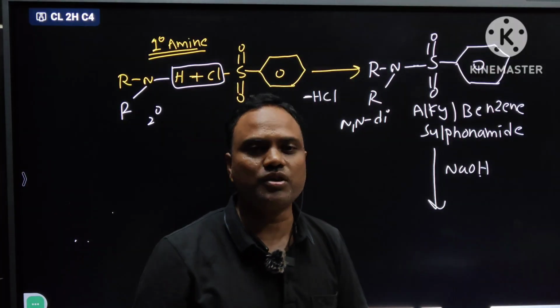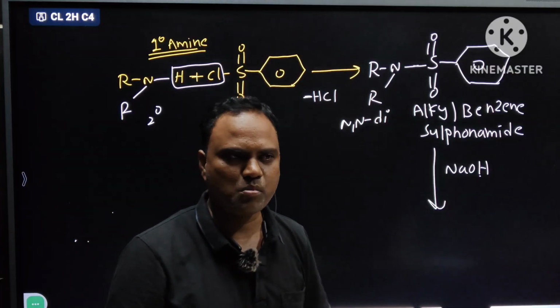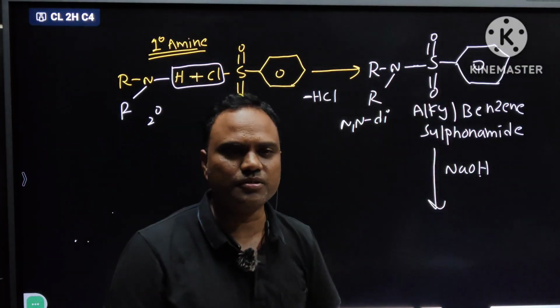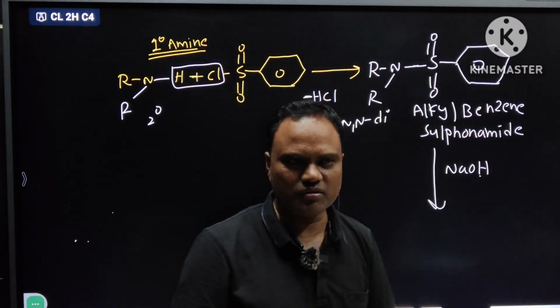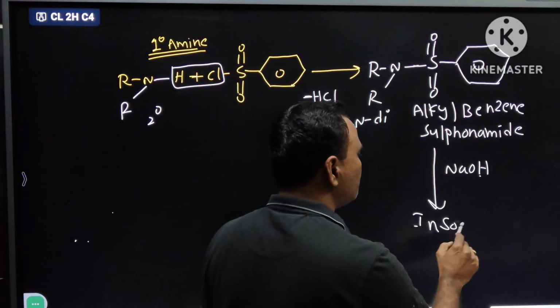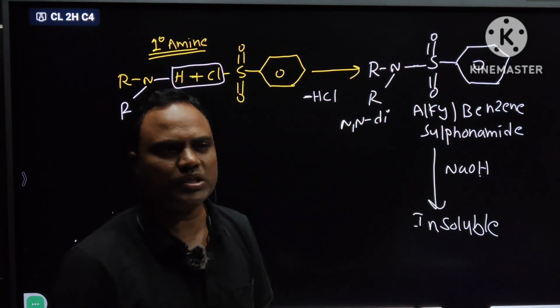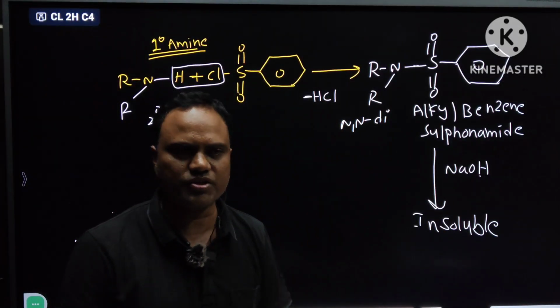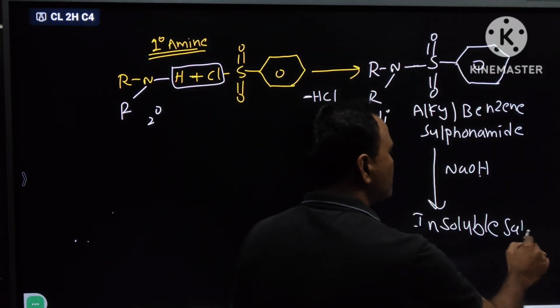So we will get insoluble compound because hydrogen is not there. So this does not serve as acid. That's why we do not get salt, soluble salt. So we will get insoluble compound. An amine produced insoluble compound with the Hinsberg reagent. What is that amine? Secondary amine, insoluble salt.